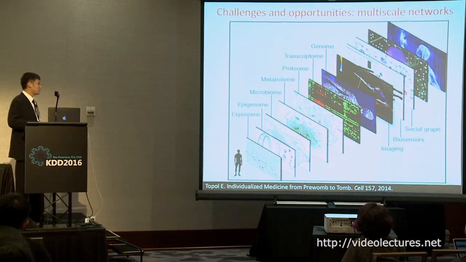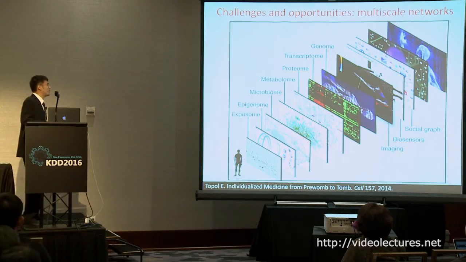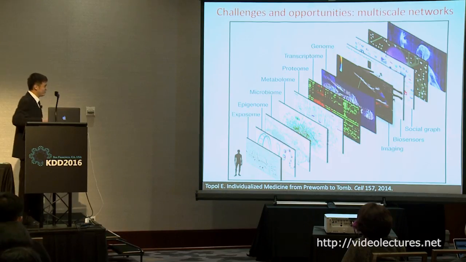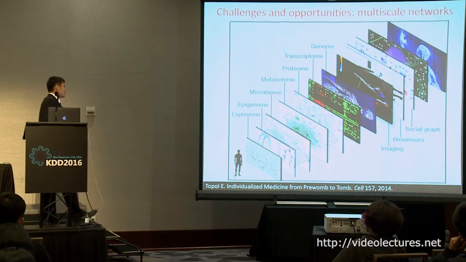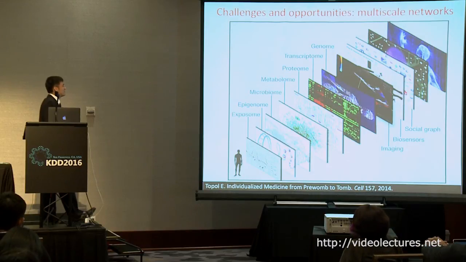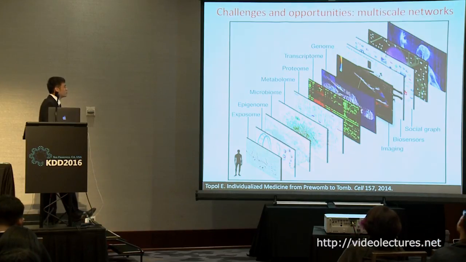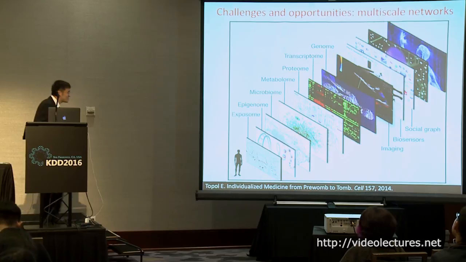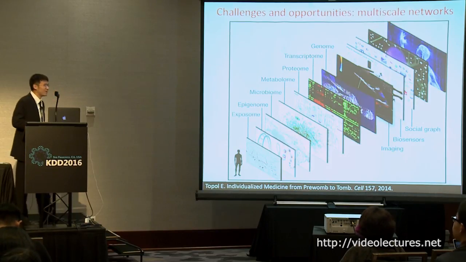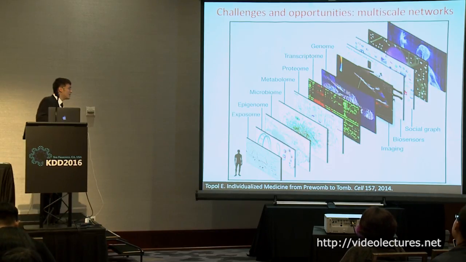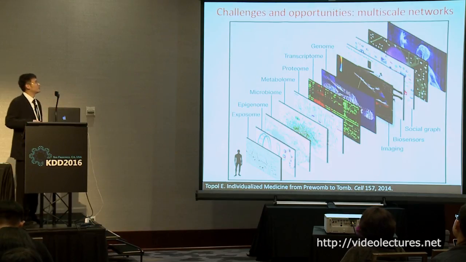Right now, in the biomedical domain, there is a lot of data, and each kind of data brings its own matrix and network, like exposome, microbiome, metabolism, protein, transcriptome, genomics data, image data, biosensor data, social graph data. A lot of data brings a lot of networks.